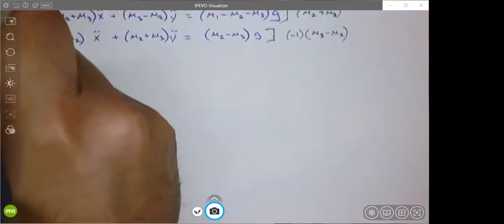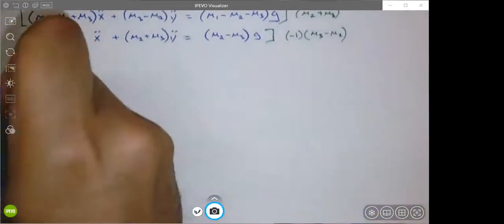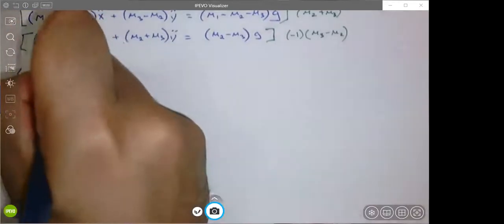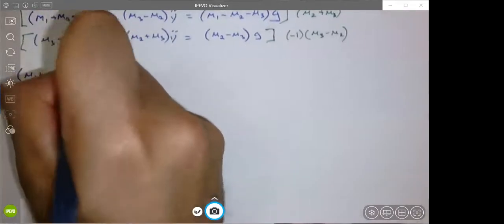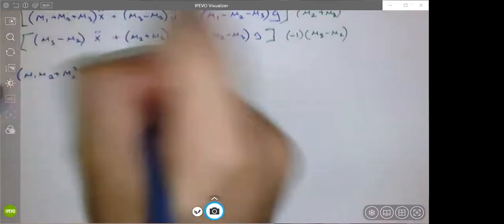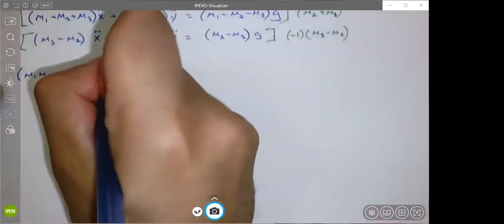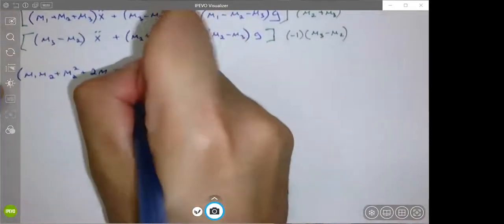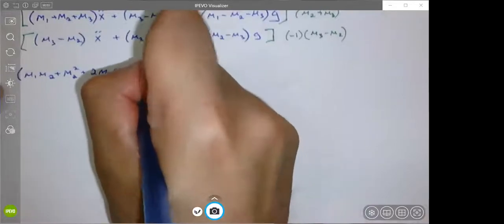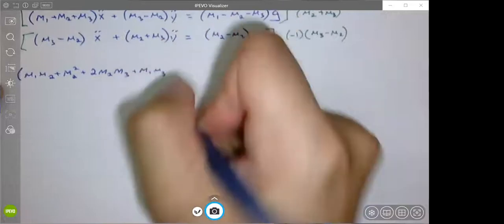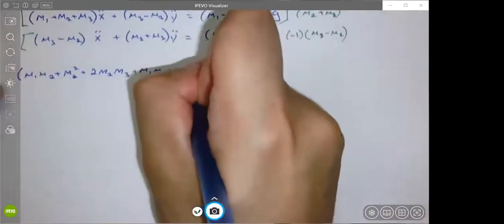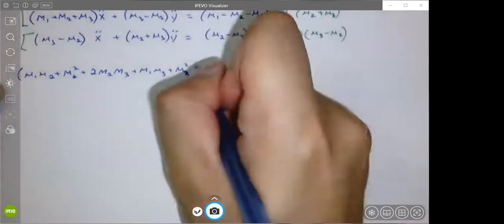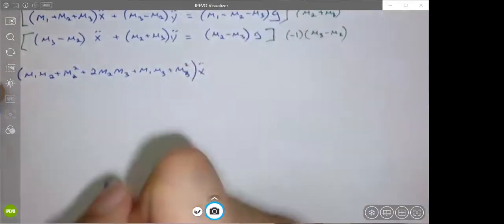So the first term, the top part right here, when I distribute this and this, we will end up with, oh boy, m1 m2 plus m2 squared plus 2 m2 m3 plus m1 m3 plus m3 squared, and all of this is multiplied by x double dot.